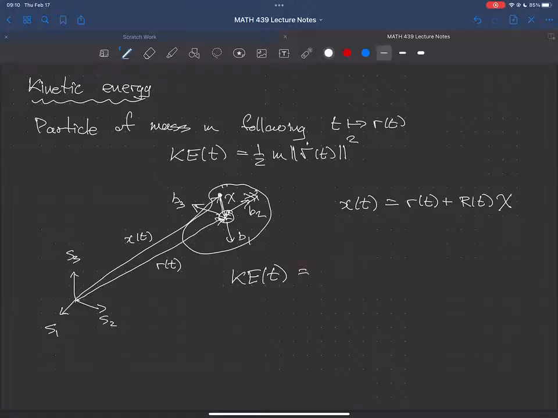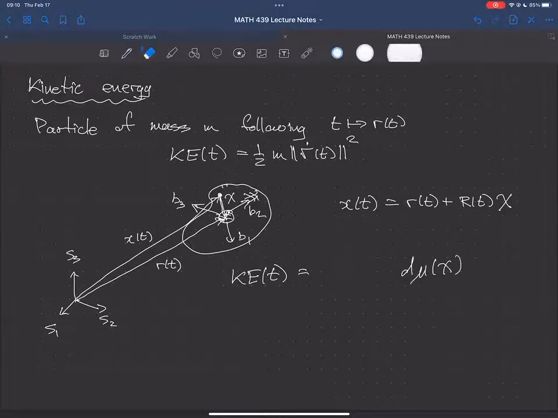If I have a little lump, I'll think like a physicist for a second, then I'll change into somebody who knows about measure theory. So I take a lump of mass at the point in the body at the point chi, and that little lump of mass is going to be d mu of chi.